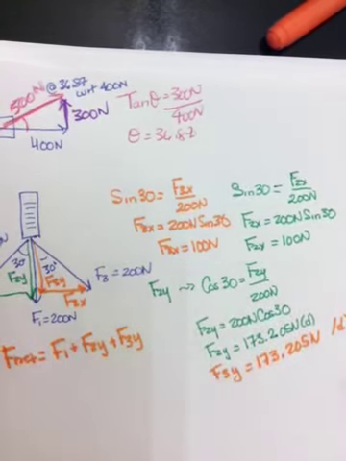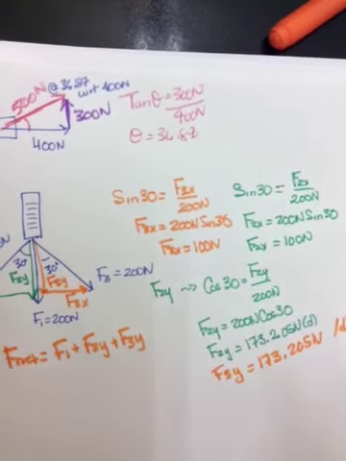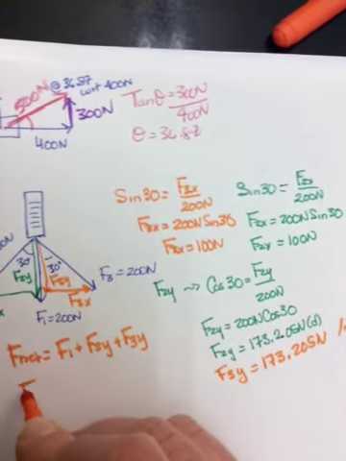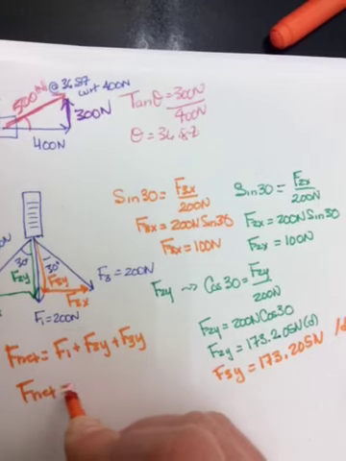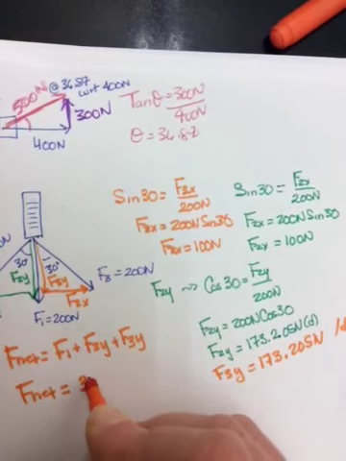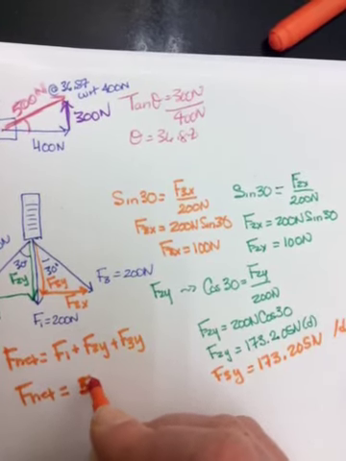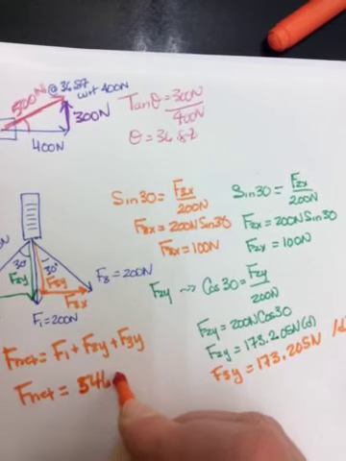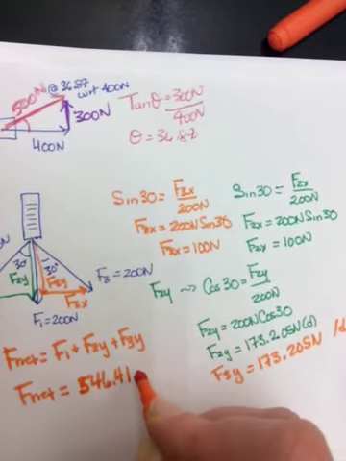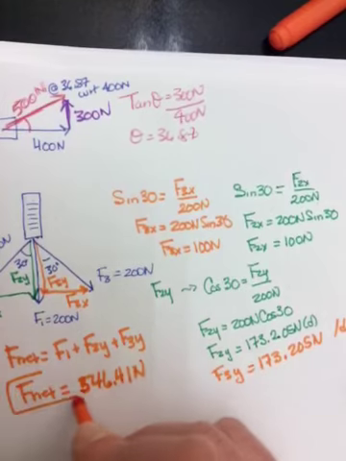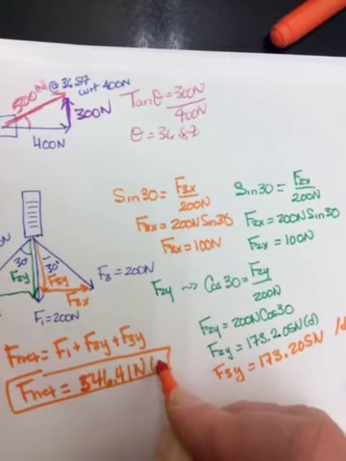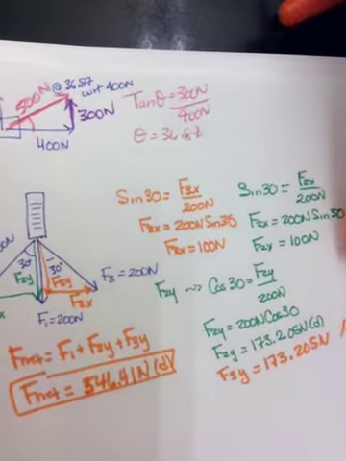So 173 plus 173 plus 200, sorry, I forgot to add the 200. F net in the y direction should be 546.41 newtons, and it's acting downward.